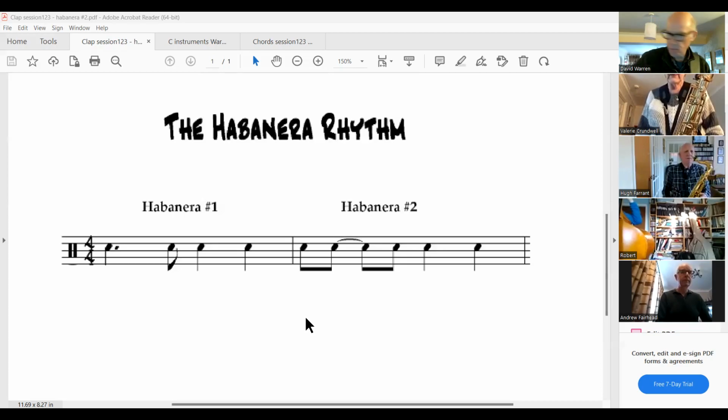And same scale, so here we go, chromatic scale, 1, 2, 1, 2, 3, 4. Good.